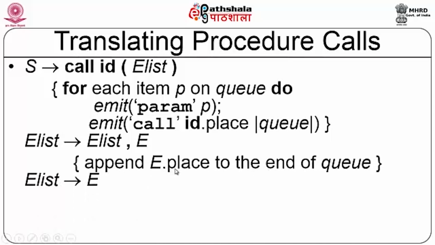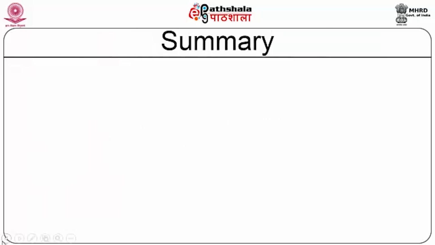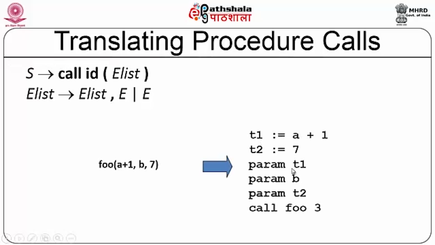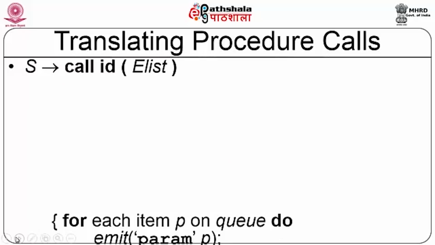Then you append E.place to the end of the queue, and after that you initialize the queue to contain only E.place. So, that is what we have done here if you could recollect. Param T1, param B and param T2, where T1 is a plus 1 and T2 is 7, so these three will be put in a queue, and then they will be called one after the other. That is what this 3 address code is trying to do, and it will be evaluated on a one-to-one basis.